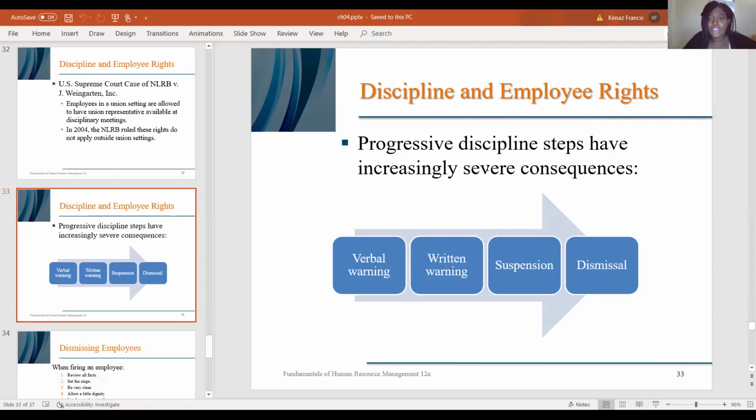Progressive discipline steps have increasingly severe consequences. You usually start with a verbal warning, then a written warning, then a suspension, and then a dismissal, right? Or you may have a conversation and make what you call a note to file, just noting that this discussion took place, as a record.